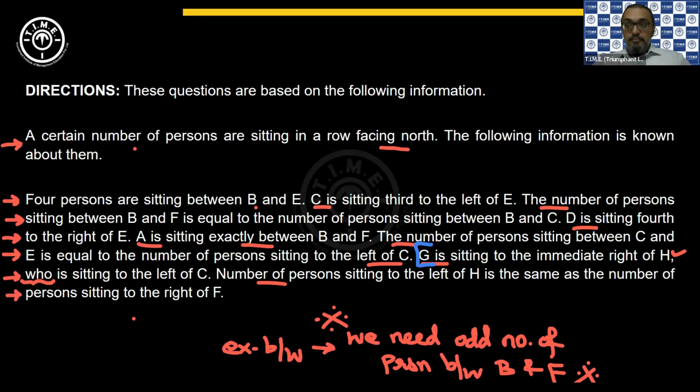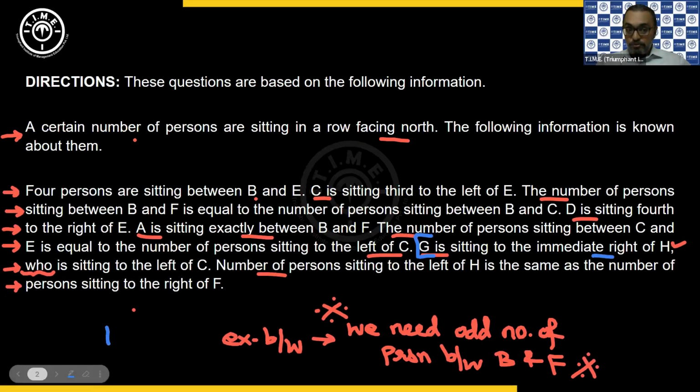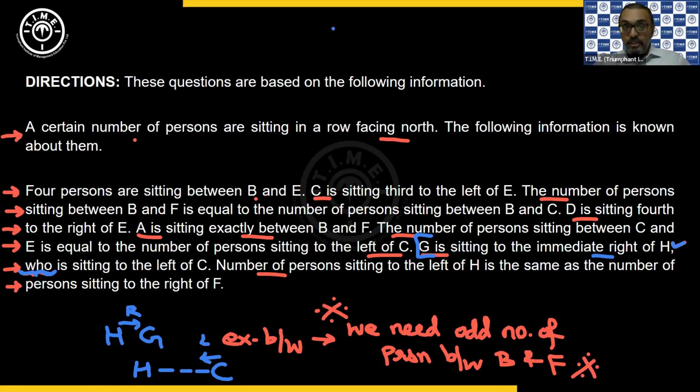Okay, yes. Here he says G is sitting to the immediate right of H. So wherever you have H, immediate right side, you need G. And then after H, he is giving you the word who. Now, when you have the word who, you must always refer to the person just before. That is H. H should be on the left side of C. We know in a linear arrangement, left does not mean immediate left, right does not mean immediate right.